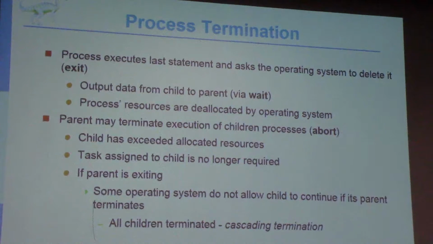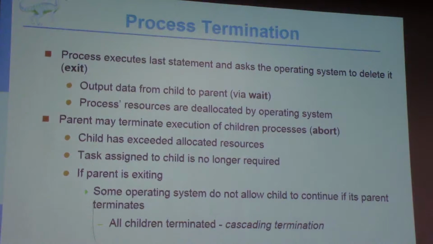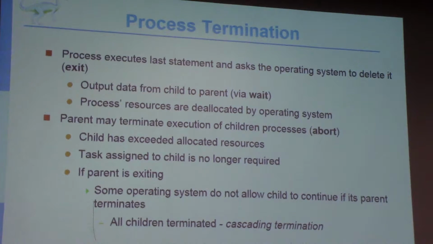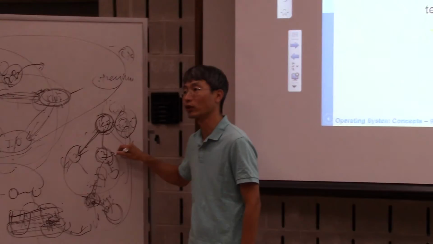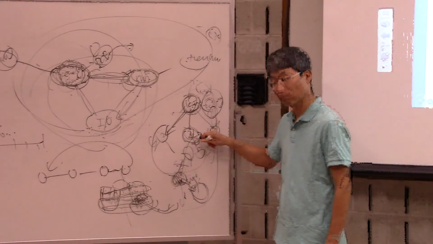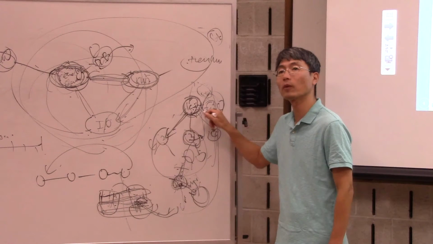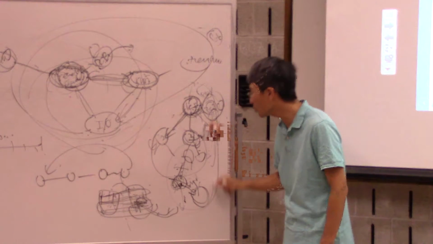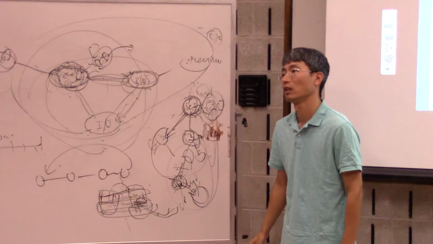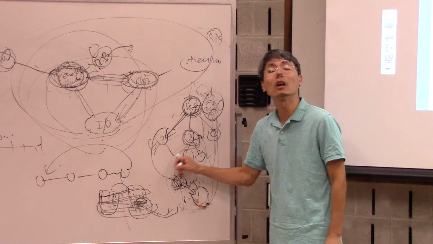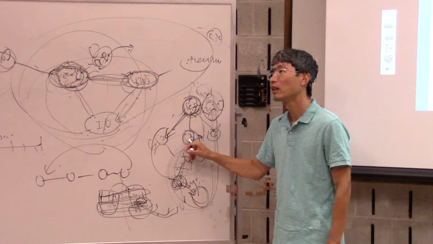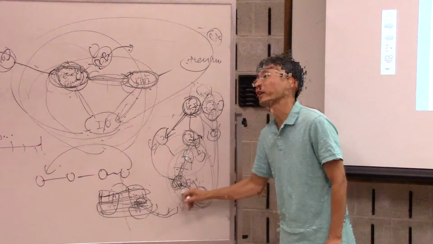What if the parent exits? This one would like to exit, which means we would like to terminate. Okay? This process can inform the parent process. What about the children process? Mostly it depends on the operating system. However, mostly they can be terminated automatically.